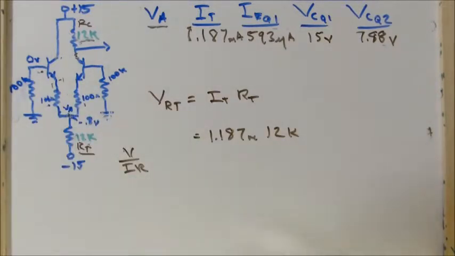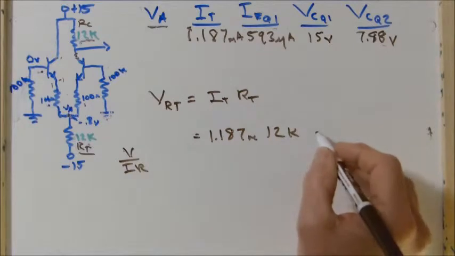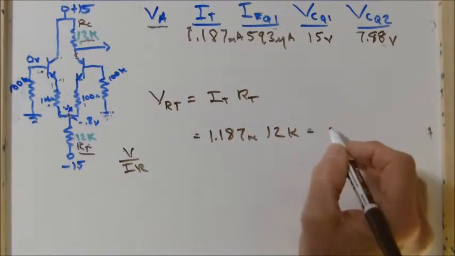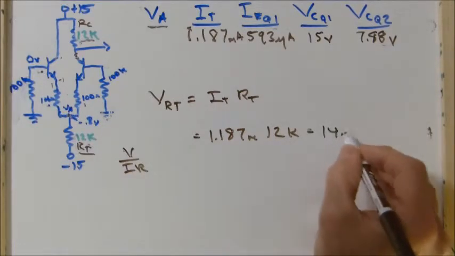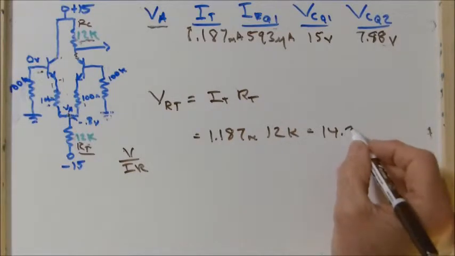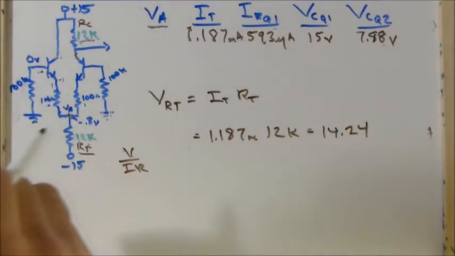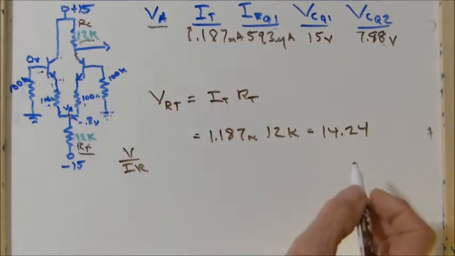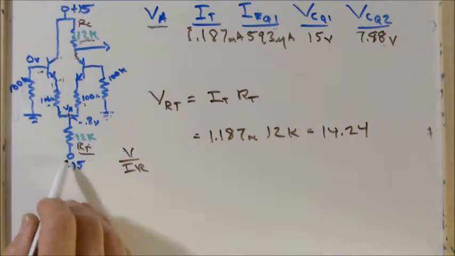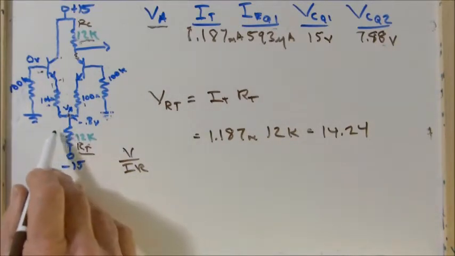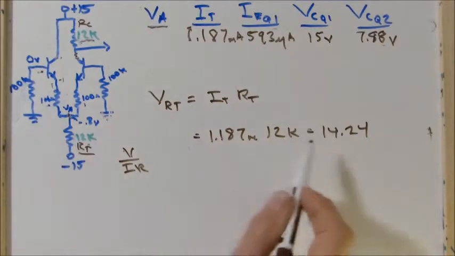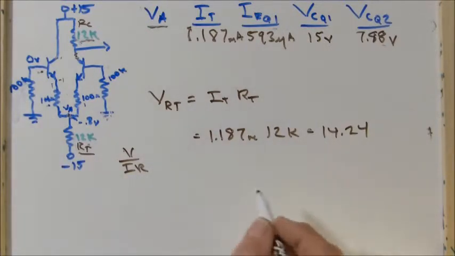And the number I have, that one, times 12K, I came out with 14.24 volts. Okay, 14.24 volts. We know this is a negative number. We know the drop across this 12K is 14.24.